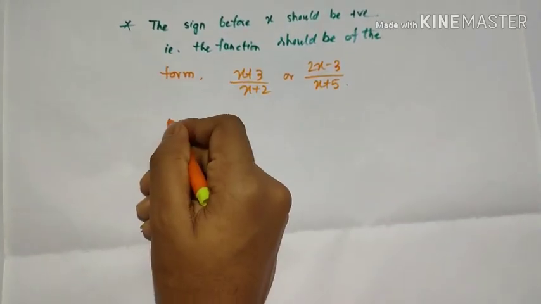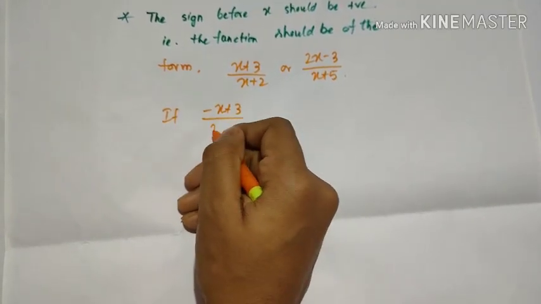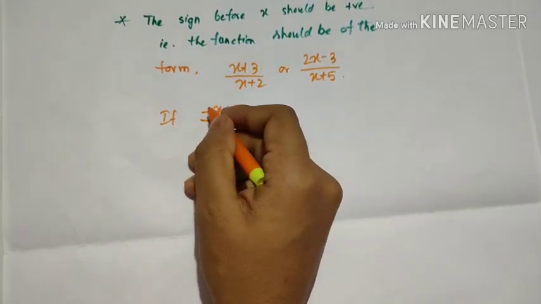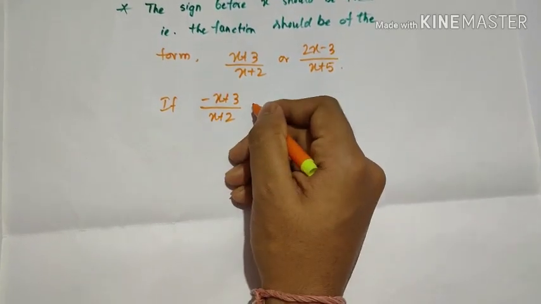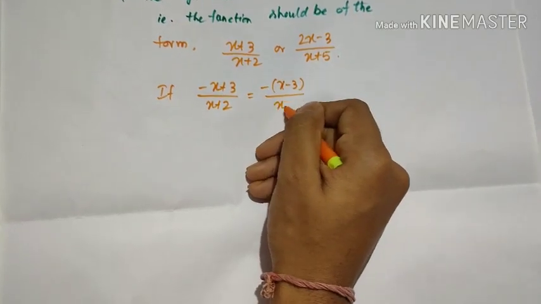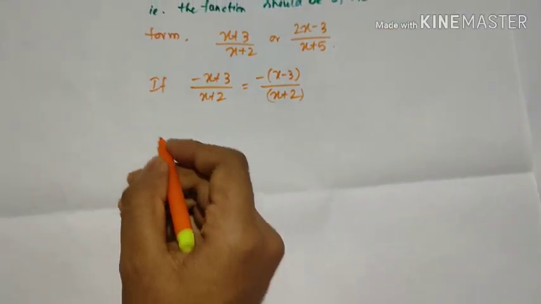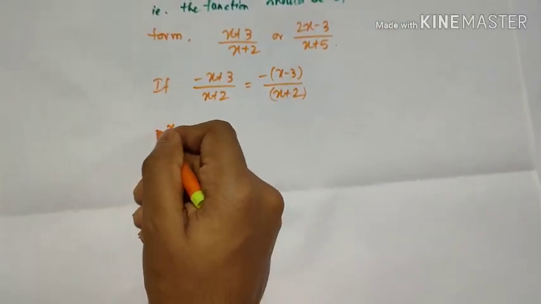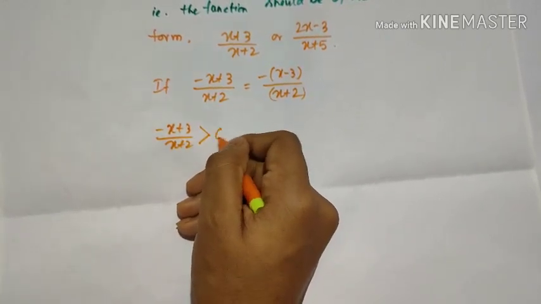And if such types of problem are given where the sign before x is negative, we have to initially convert it to this form. Let us assume a problem such that this is greater than 0.